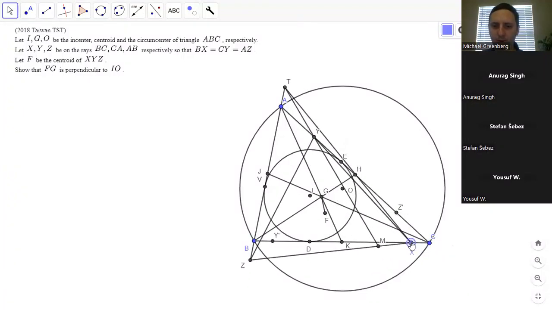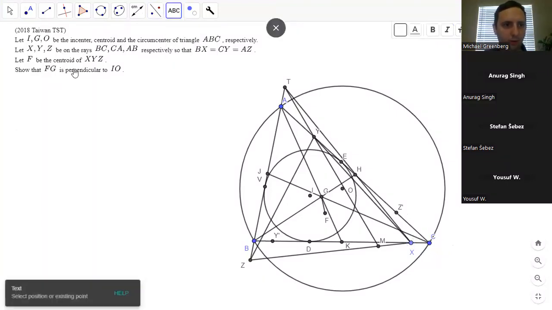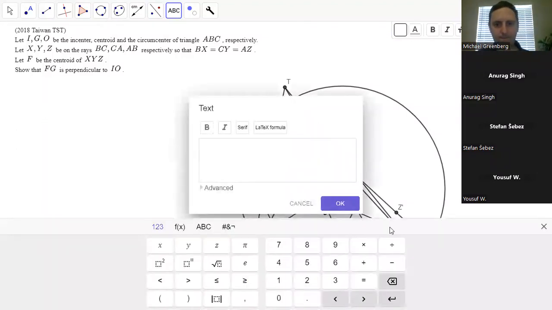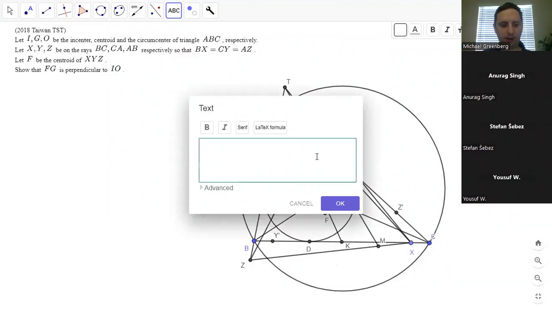So, the vector FG, I don't know how to do vector notation.